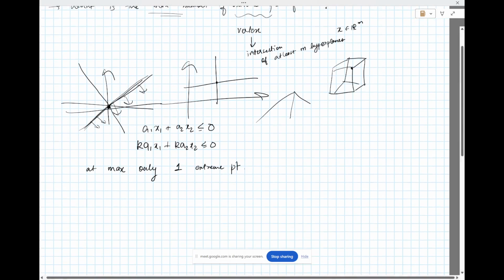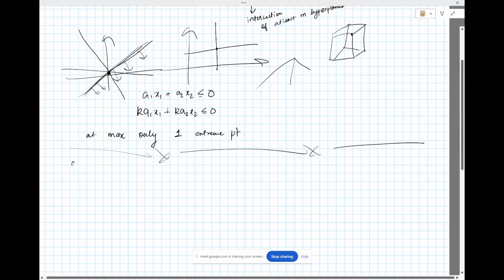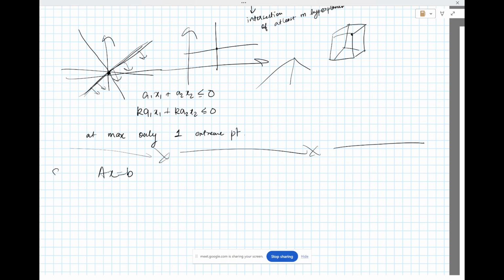If I have some problem with some set S equal to Ax equal to B, then if D is an extreme ray, then is AD equal to 0?